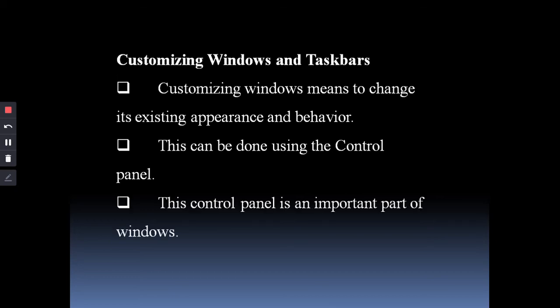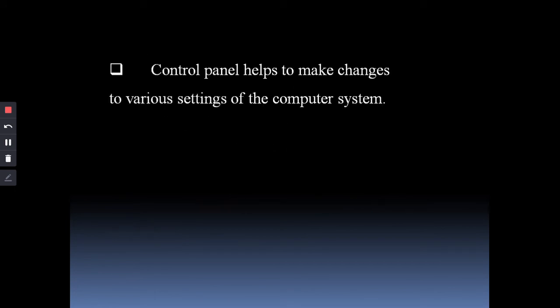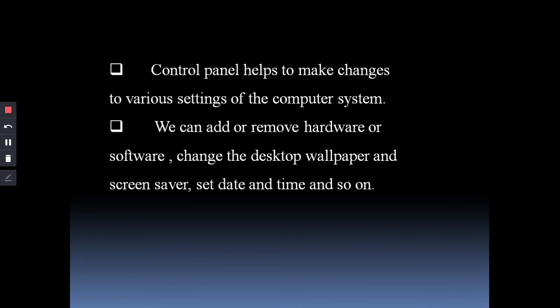This control panel is an important part of Windows. Control panel helps to make changes to various settings of the computer system. We can add or remove hardware or software. Any changes like changing the desktop wallpaper and screensaver and setting the date and time are all done by using the control panel only.